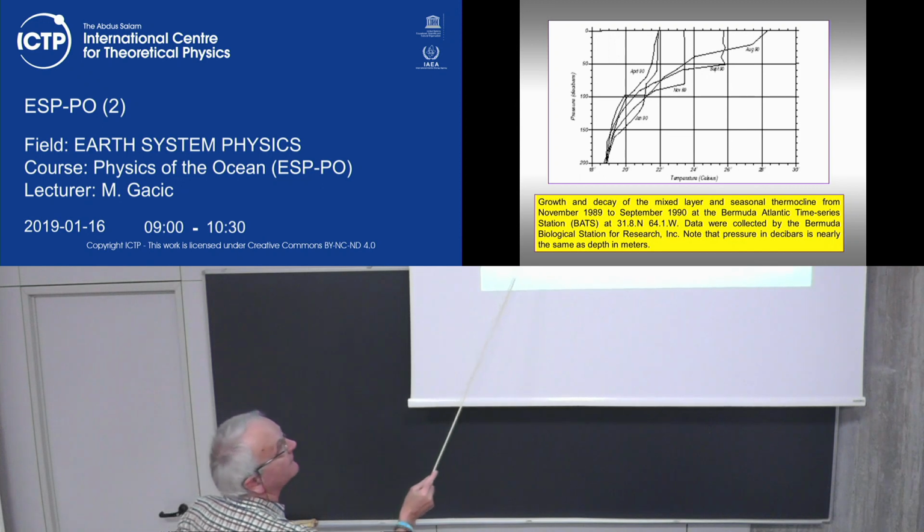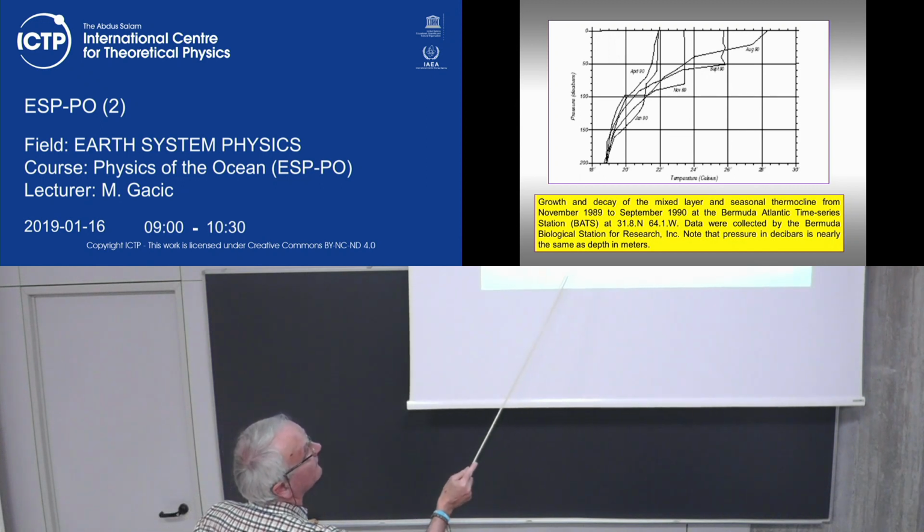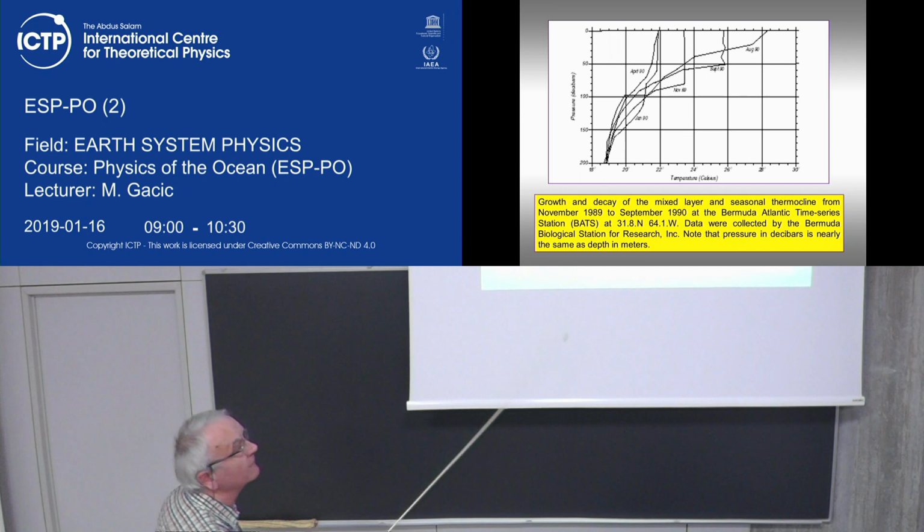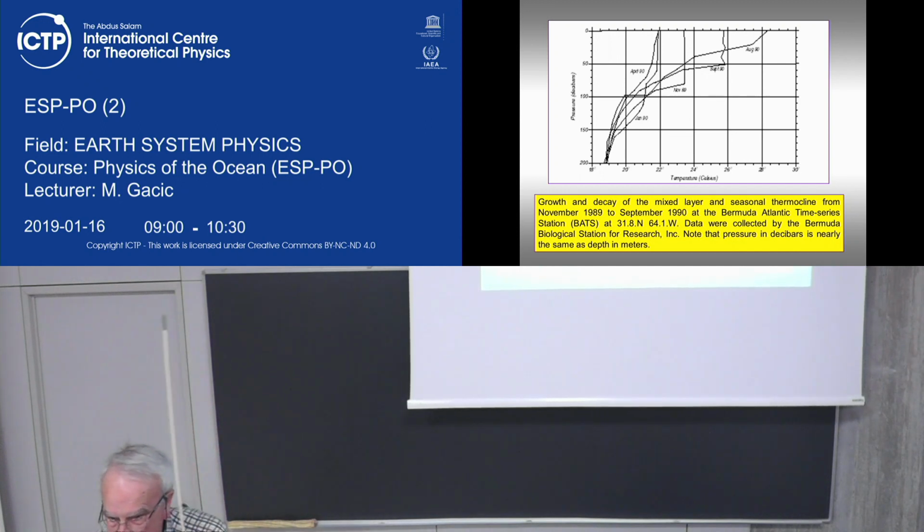Here you have between 21 and 19 degrees difference. This is obviously the tropical sea, because you cannot find 20 degrees here in winter. Here you have around 10 or less than 10.